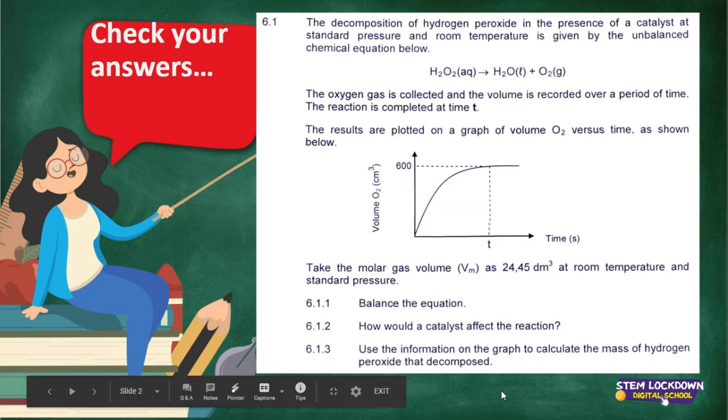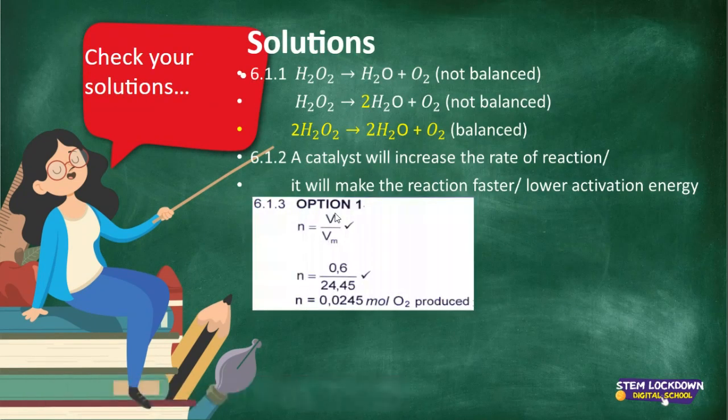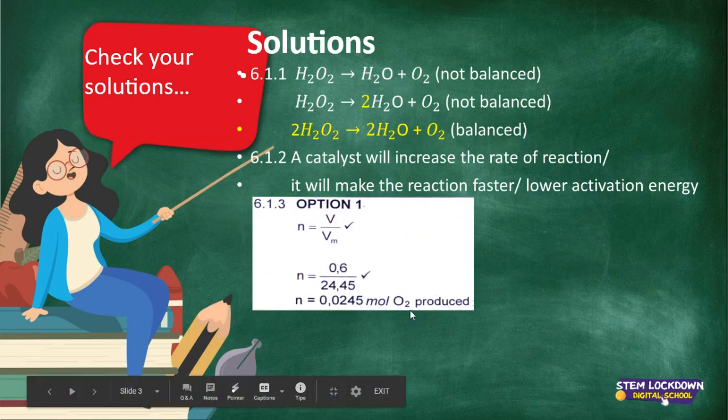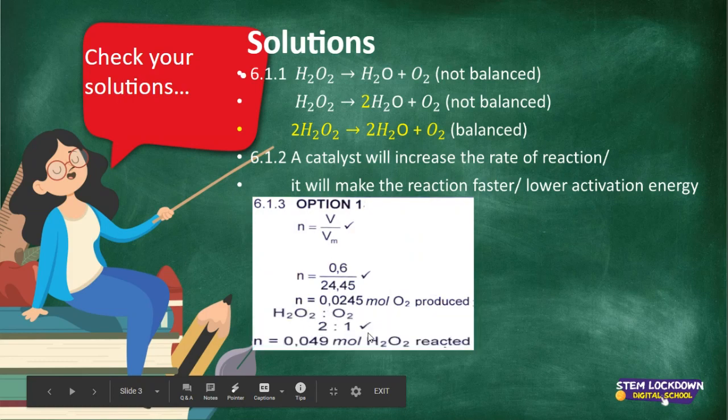So the number of moles equals V, the volume, which instead of being 600 will be 600 divided by 1,000, which is 0.6, and then we're given the molar volume at that temperature as 24.45. So there we substitute it, and then we get the number of moles of oxygen that were produced under that condition.